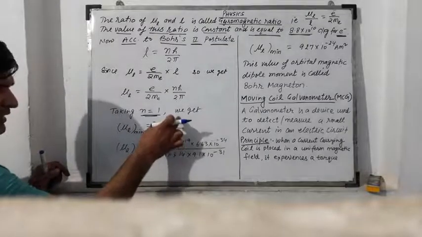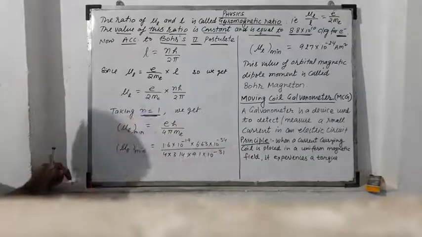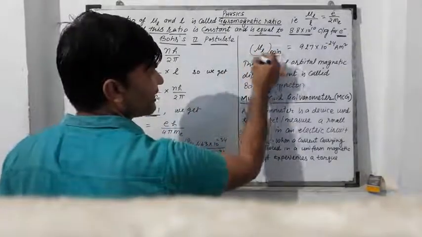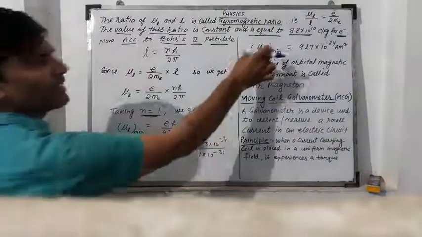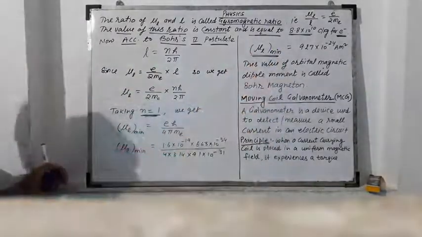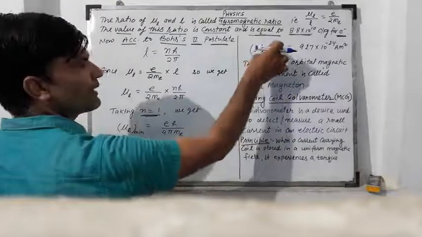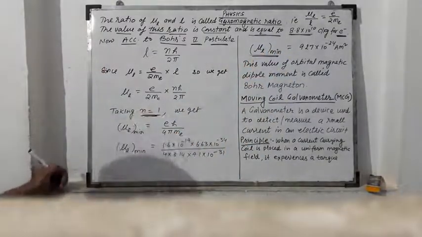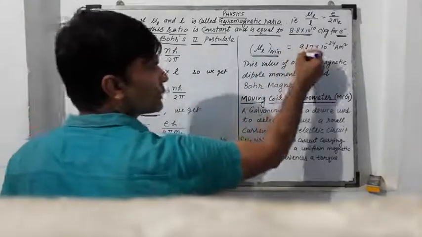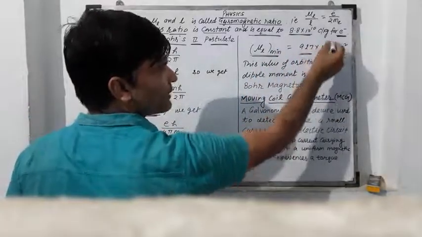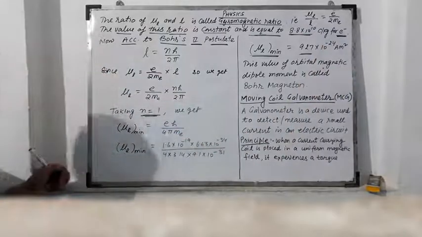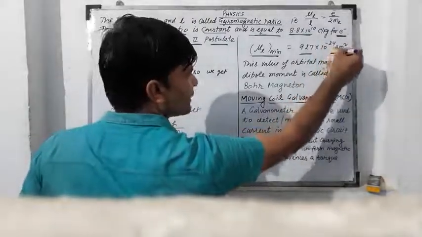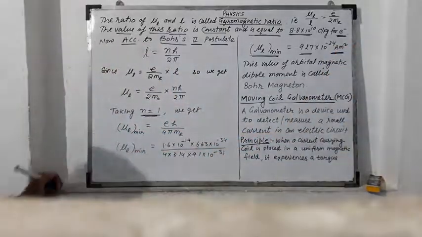After putting the values of these constants, we get mu_L minimum, the orbital magnetic moment's minimum value for n equal to 1, which is 9.27 into 10 to the power minus 24 ampere meter squared.